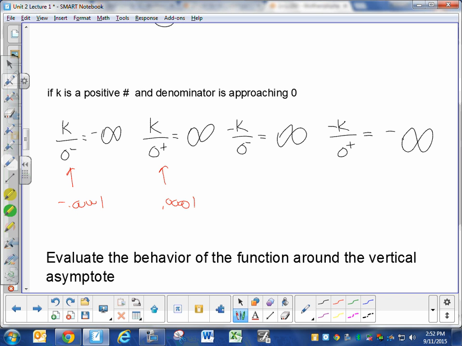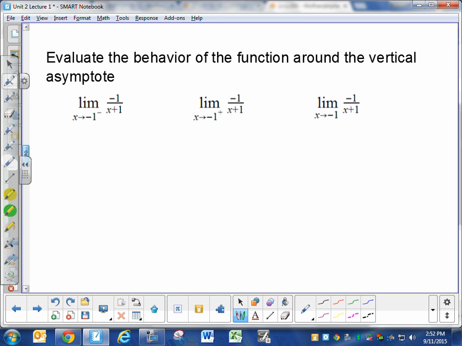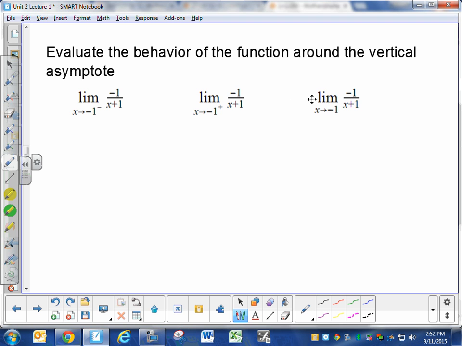Now, let me show you what we're going to do using this kind of notation so that we can examine what's going on around vertical asymptotes. So we are going to evaluate the behavior of a function around a vertical asymptote. The first function we're going to look at is negative 1 over x plus 1.